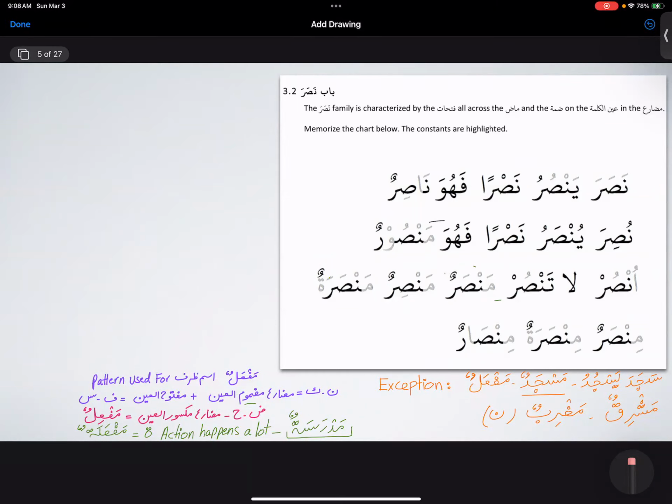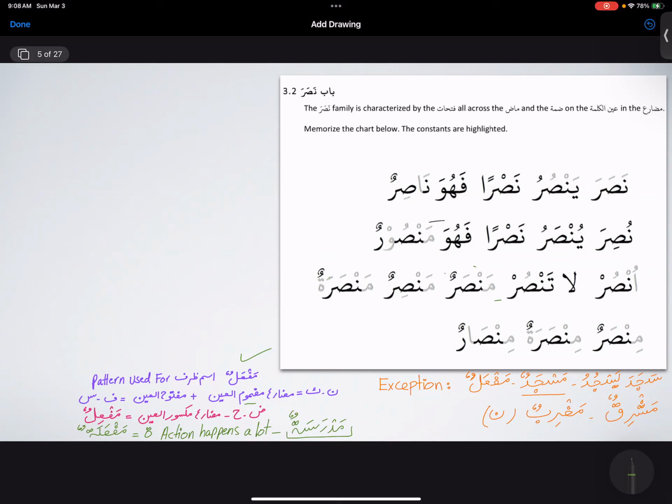So it should be masjadun, because we say nasara yansuru, madmumul or maftuhul ayn, then we should be using the maf'alun pattern, right? But this is not the case. We don't say masjadun, we say masjidun. So this is an exception.